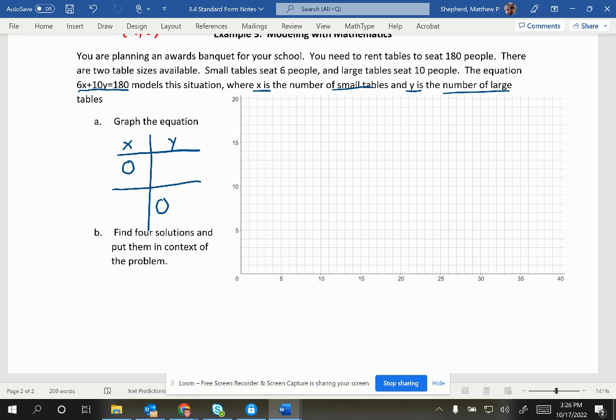I'm going to put 0 in for x. So if x was a 0, then that whole 6x is just a 0. And then 0 plus 10y would just be 10y. So then I've got 10y is equal to 180. Divide it by 10. And I've got 18.